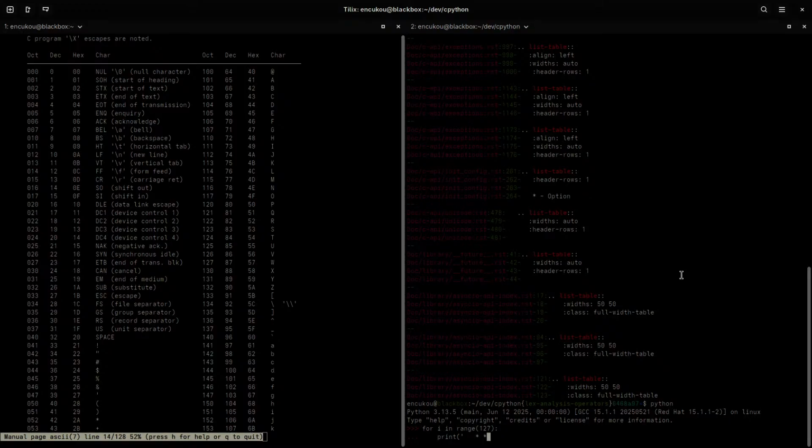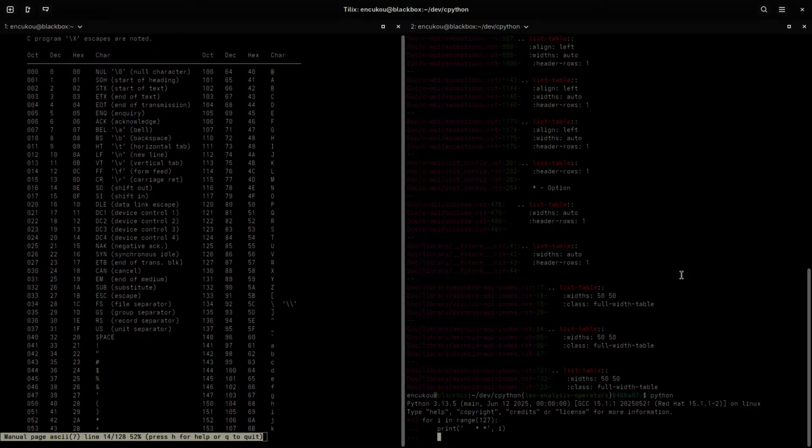Spaces, dot, and the number. Something like this, I guess.